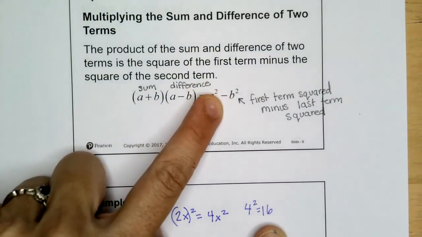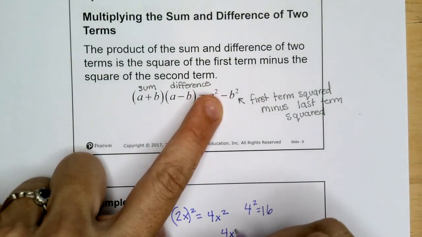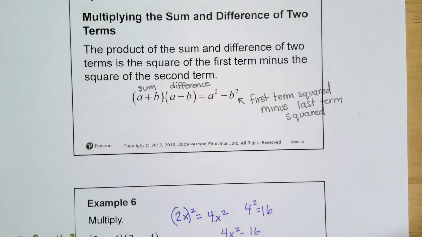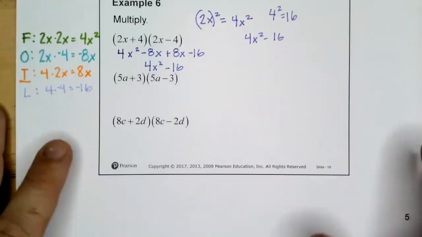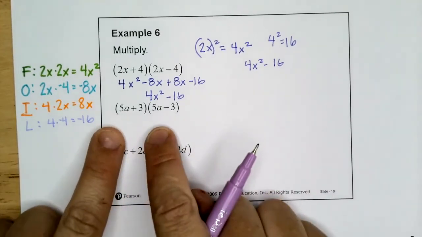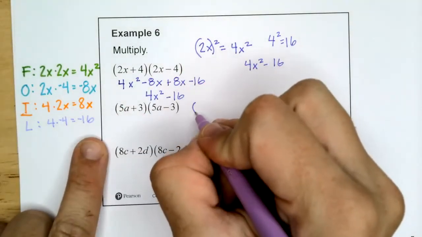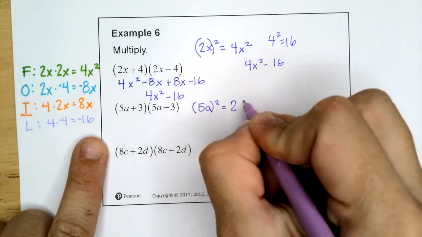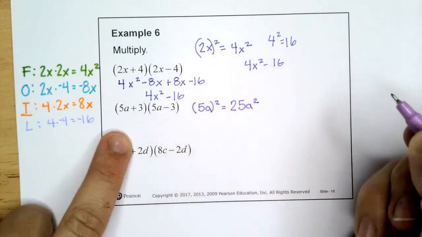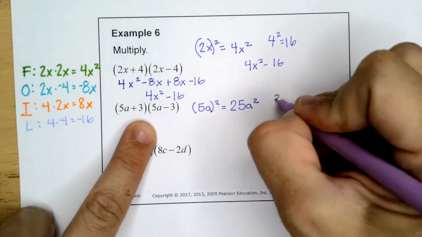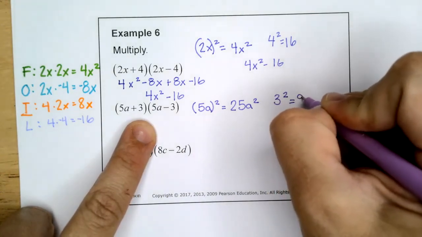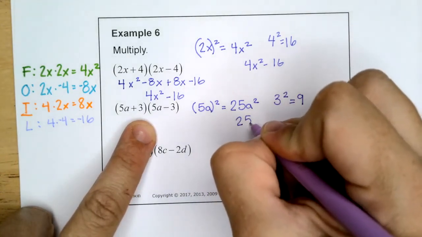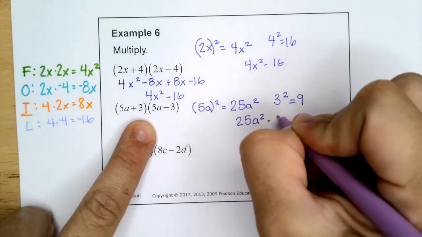And we put a minus sign between them. 4x squared minus 16. 5a squared becomes 25a squared, right? And then 3 squared is 9. So we have 25a squared minus 9.